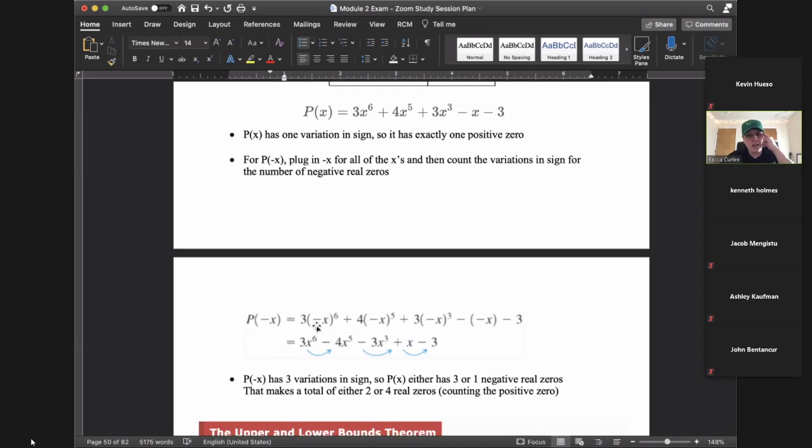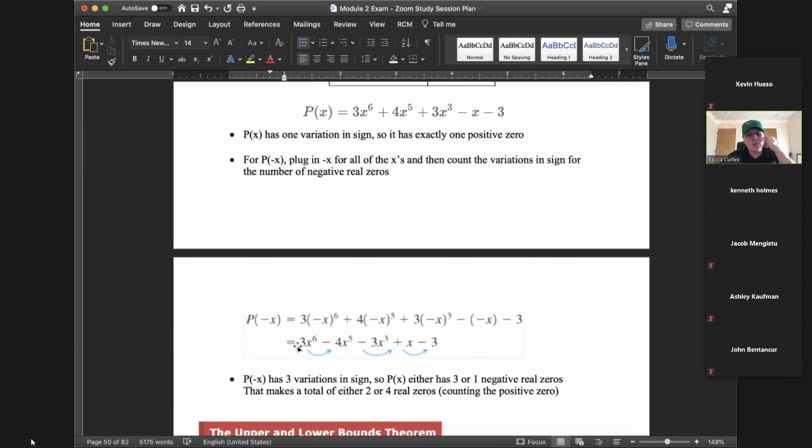So we've got anything negative raised to an even power is going to be positive. So we've got 3x to the 6th. Then we've got anything raised to an odd power that is negative is going to be negative. So we've got negative 4x to the 5th. And anything raised to an odd power that is negative is going to be negative. So we've got negative 3x to the 3rd. And then minus a negative x is positive, and then minus a 3.